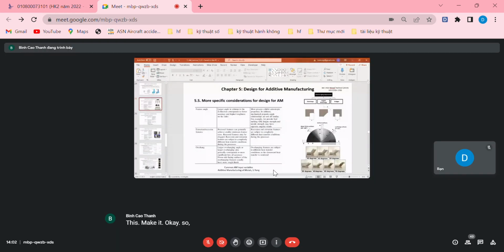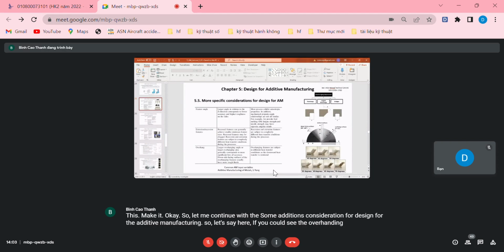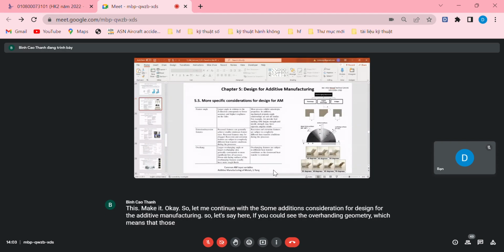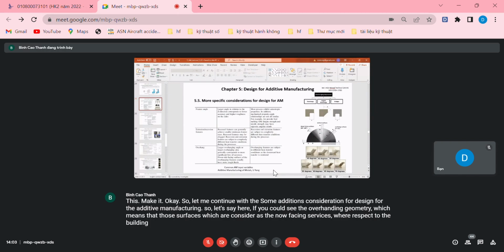So let me continue with some additional considerations for design for additive manufacturing. So let's say here, if you could see the overhanging geometry, it means those surfaces which are considered as the down-facing surfaces with respect to the building substrate.